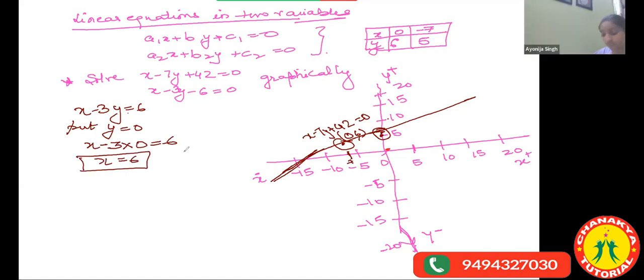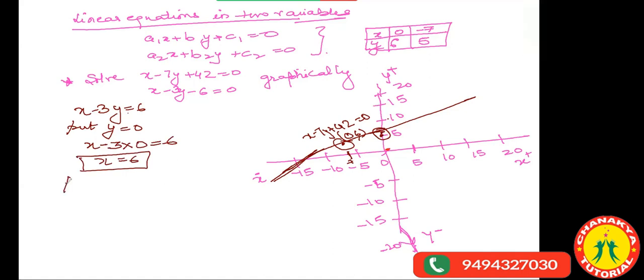Yes, ma'am. Understood? Now put x equal to 0. Right? Then 0 minus 3y is equal to 6. Then the value of y will be minus 6 by 3. So 3 twos are 6. Then the value of y is -2.